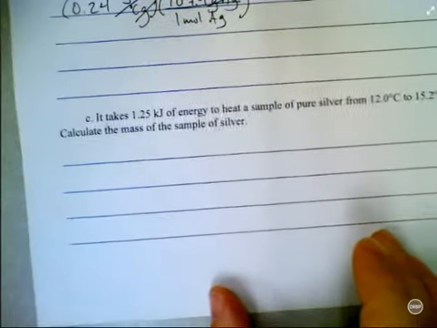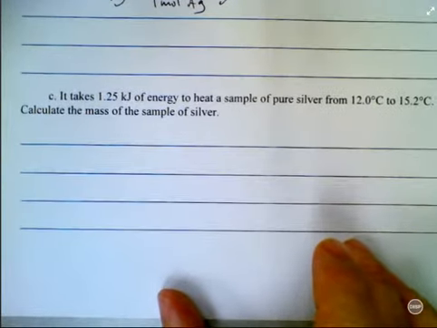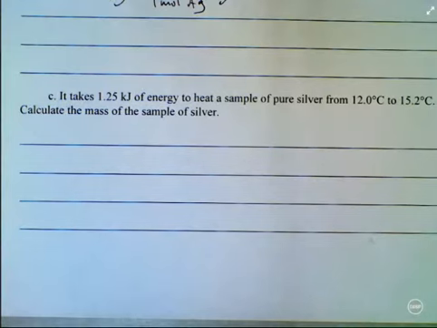Let's get this set up here. There we go. Alright, C, it takes 1.25 kilojoules of energy to heat a sample of pure silver from 12.0 degrees Celsius to 15.2 degrees Celsius. Calculate the mass of the sample of silver.